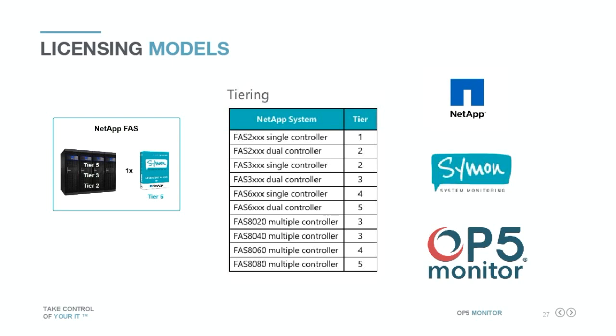Even if you have FAS8020s or older models, that one license at the tier 4 price is then eligible. So no matter whether you have 10 or 100 storage systems, the price is just one license, and that's it.